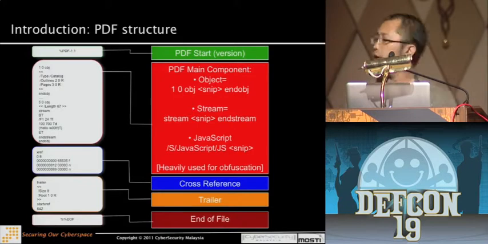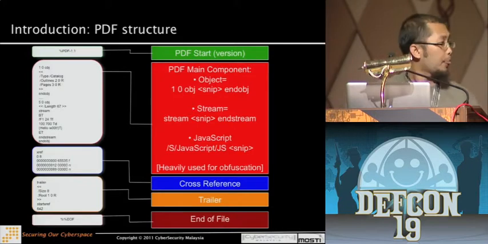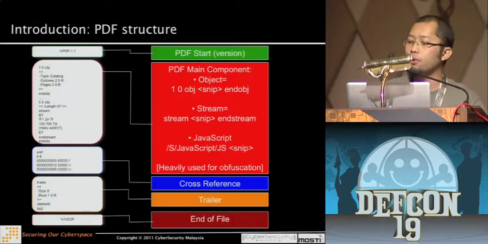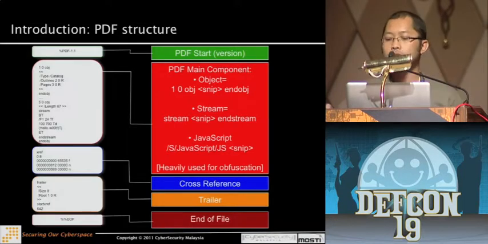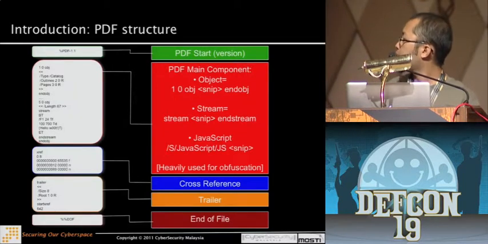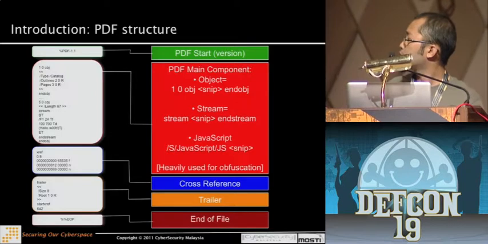And then the second part, the body, as you can see over here, is pretty much the main component of PDF, which normally has objects, normally represented as obj, and it needs to end with endobj. Later on, I will show some obfuscation that you can implement when it comes to the object declaration, like this one.